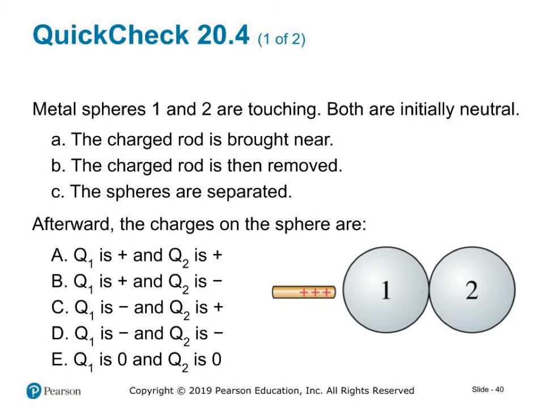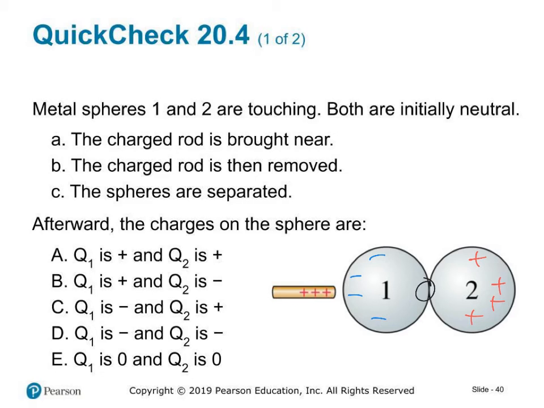So when the charged rod is brought near, due to polarization, some negatives are going to be pulled to this end, and that's going to leave the other side more positive. Now, because the two spheres are touching right there, we consider them as one system. So we'll pull negatives and put them in one sphere, and positives will go on the other sphere because they're connected. Then the charged rod is removed.